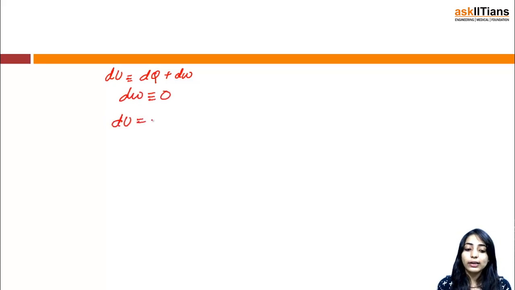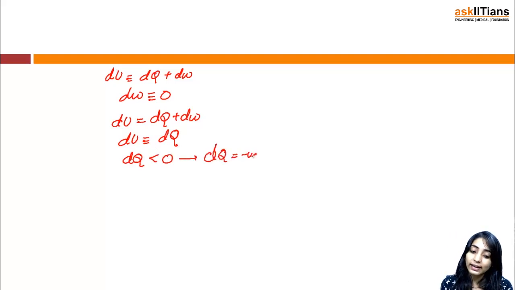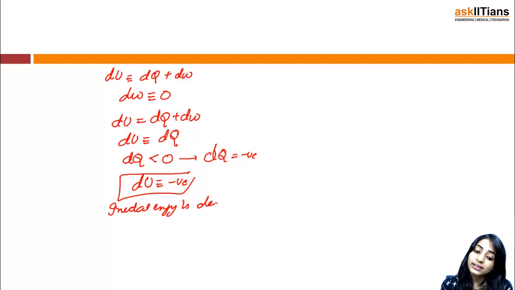Since dW is equal to 0, I can say dU is equal to dQ. Now, I have also been given that dQ is less than 0. That means the term dQ is negative. If dQ is negative, I can say that dU also comes out to be negative. So, if dU is negative, that means the internal energy is decreasing.